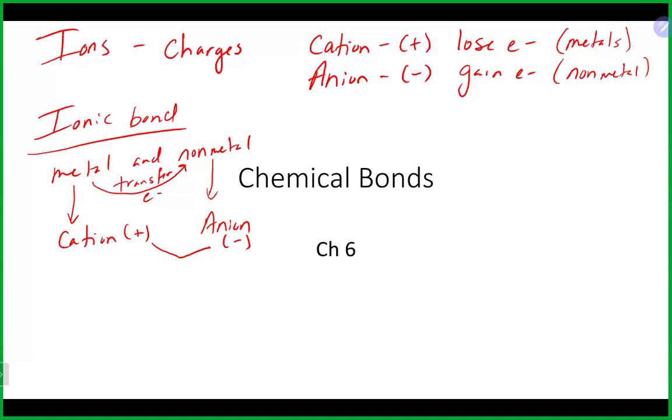So in an ionic bond or ionic compound, there is what is referred to as electrostatic attraction, which is basically the attraction between positive and negative that holds it together. One thing you should understand is there's absolutely no sharing of electrons in an ionic bond.